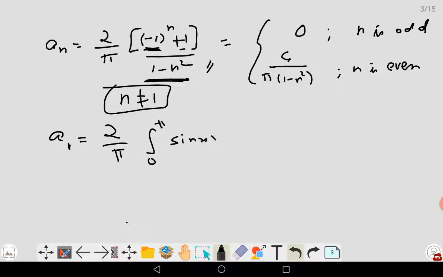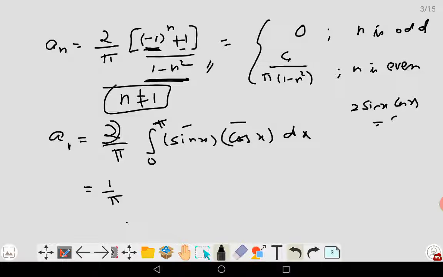Function is sine x in this interval and cosine nx will be cosine 1x dx, and we know 2 sine x cosine x will be sine 2x.